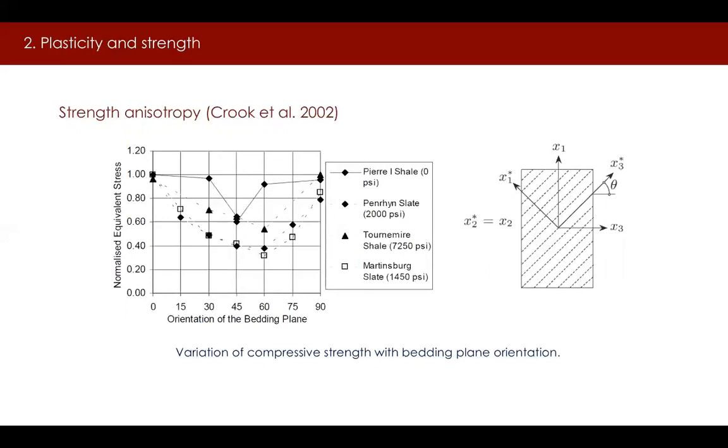Plots of measured strength as a function of bedding orientation are shown on this slide for 4 different types of shale. The plots resemble asymmetric U-shaped curves with shoulders that have been a gold test for the assessment of the robustness of a constitutive model. In fact, many plasticity models developed for shale fail to reproduce this U-shaped variation of strength with bedding orientation.